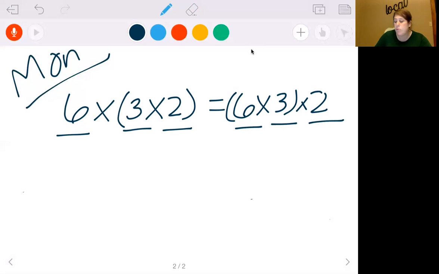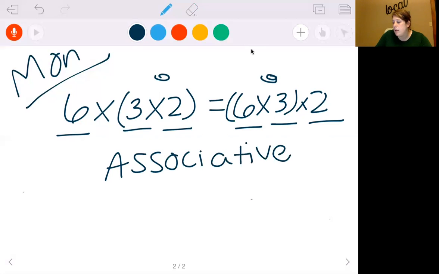They are in the same order, and I have a different grouping. I have 3 times 2 here and 6 times 3 here. So this one is associative. Normally in class, I would put them up and have you get your answer down, and then I would tell you. So for the rest of them, if you'd like to pause when I put it and then write your answer down, you can check it against my answer.